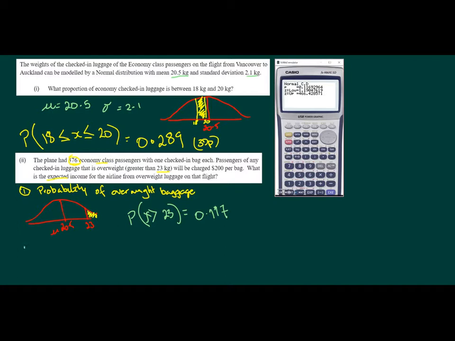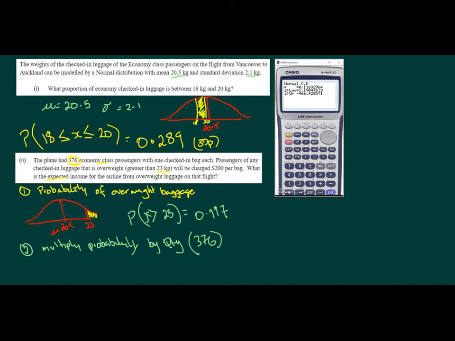So the second step is to multiply this probability by the quantity, which in this case is 376.